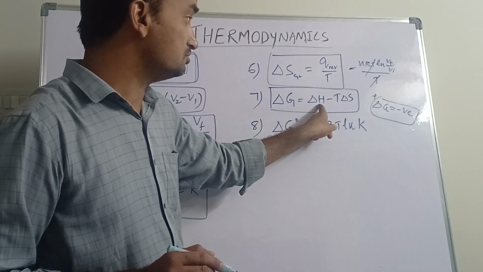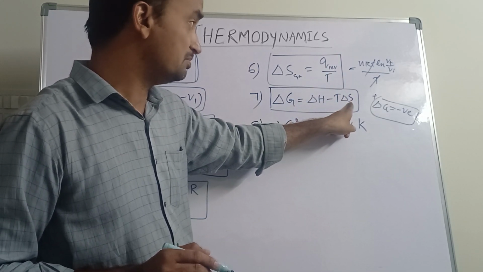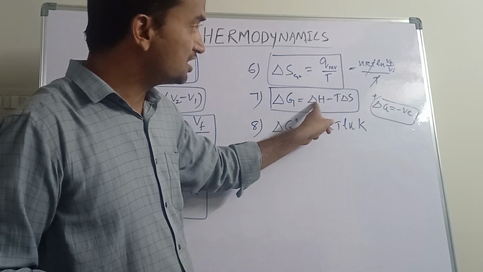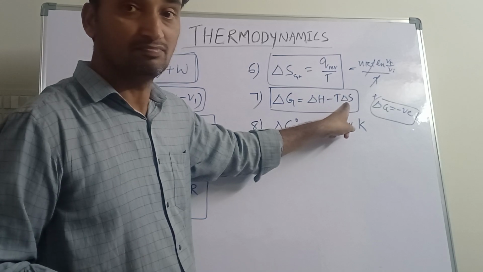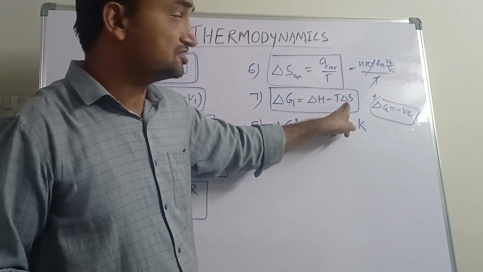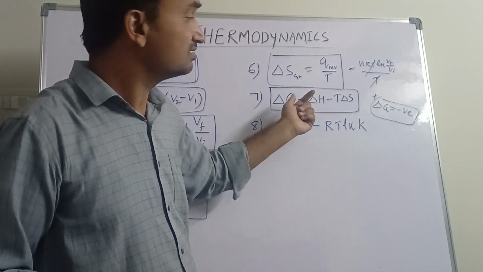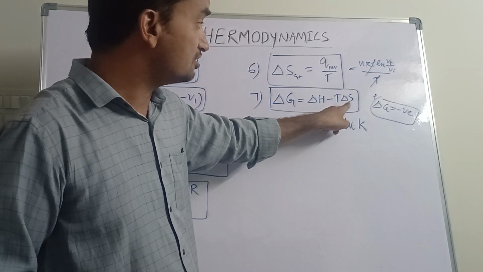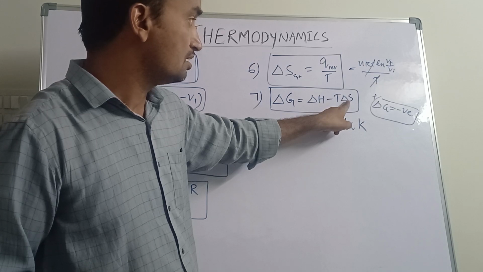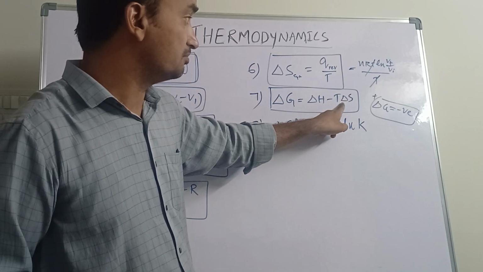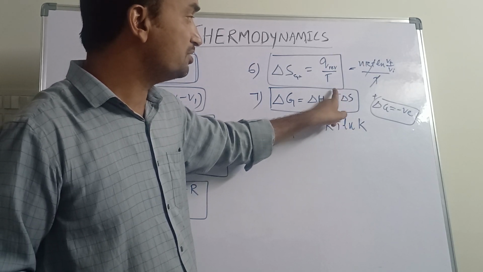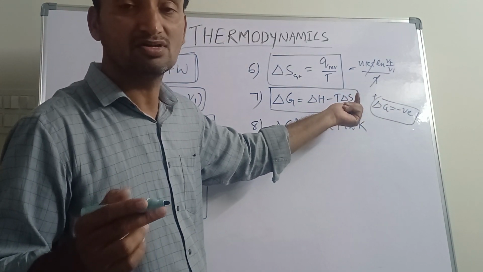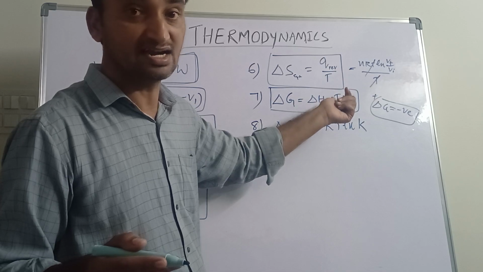If delta H is negative and delta S is positive, then at all temperatures the process is spontaneous. Now the second case, delta H negative, delta S also negative. But your negative positive will be there. That means at lower temperatures only this will happen. At lower temperatures only the process is spontaneous. This is the second condition.